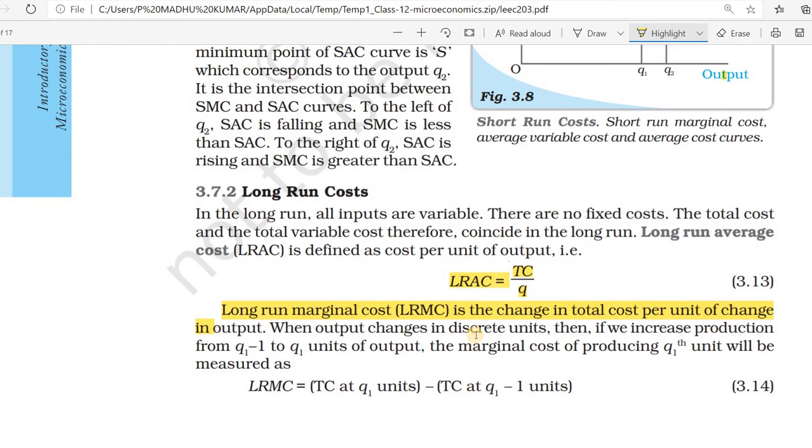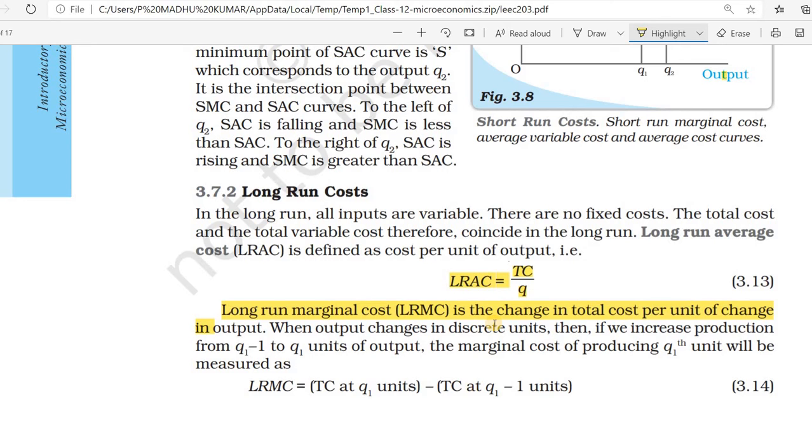Next is long run marginal cost. It is the change in total cost per unit of change in output. Suppose in the last production it was 5 units and the cost was 100. Then we increased it to 8 units, and now the cost is 150. What is the difference?